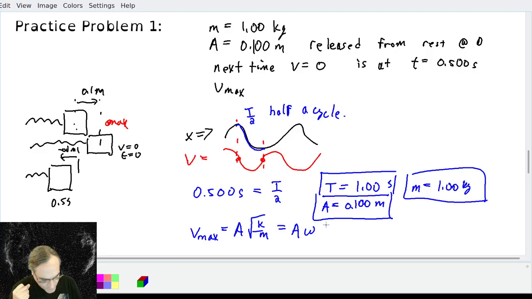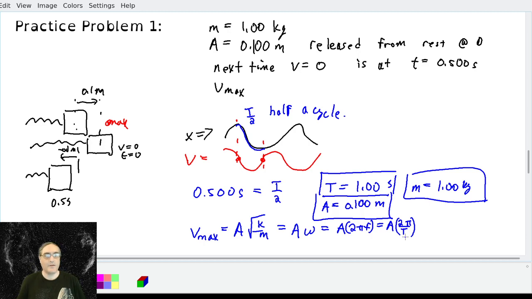So omega could be rewritten as 2 pi times the frequency, using our first video on the chapter, which can be rewritten as 2 pi over the period, because frequency is 1 over period.